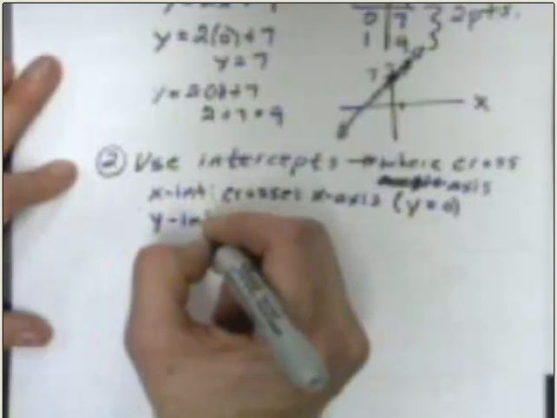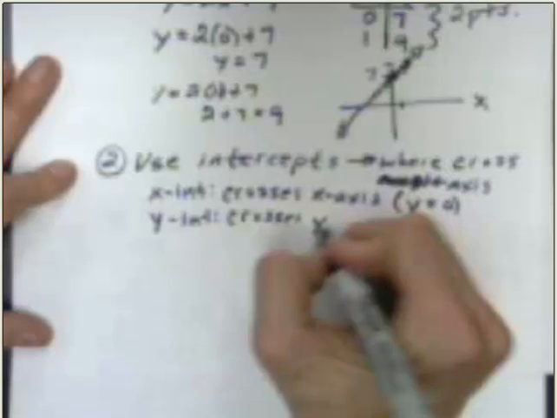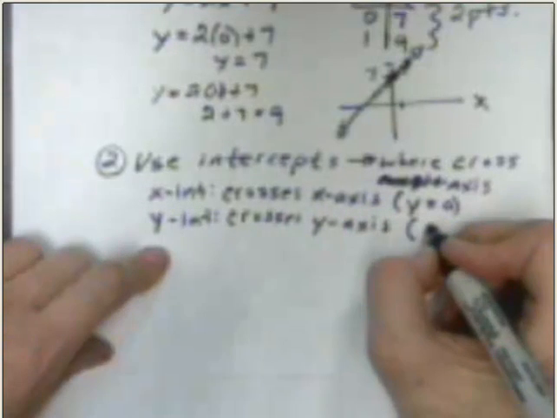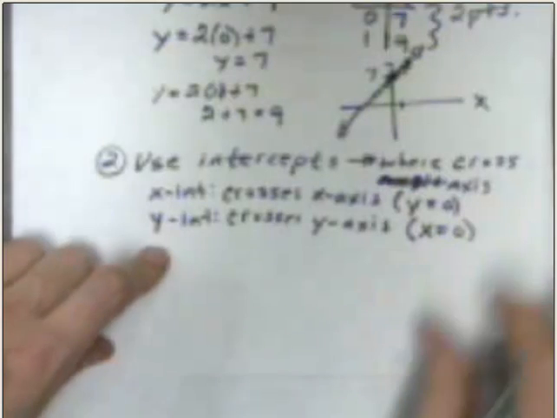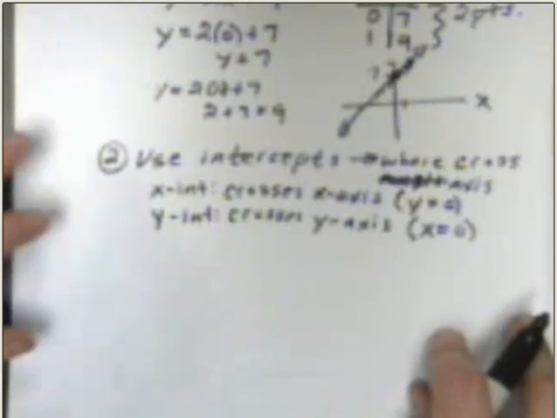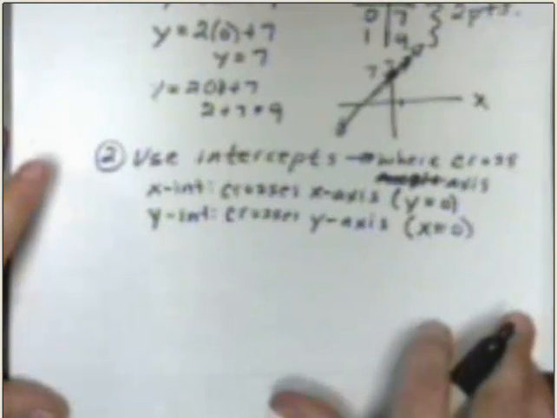The y-intercept happens when it crosses the y-axis. Y has some number, but x is 0. So you're still getting 2 points. You're just being a little more picky. You're not just saying, hey, 2 random x's, let's find the y's that go with them. You're saying specifically, I want to know when it's crossing these axes.